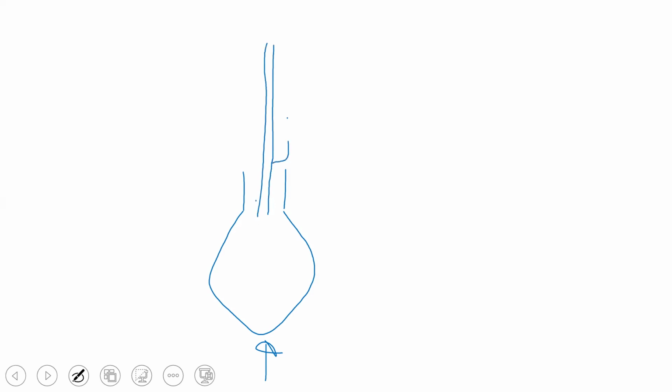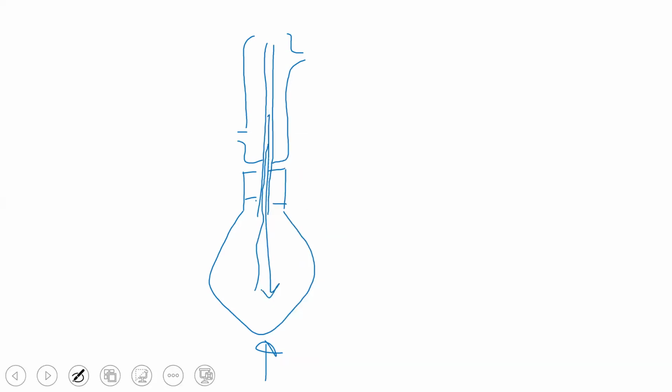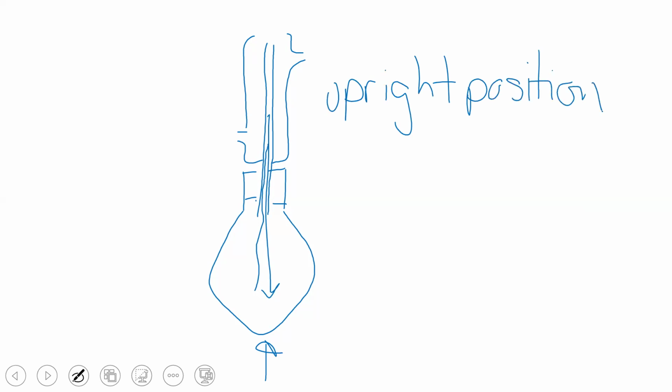But the condenser is going to be attached in an upright position. So any vapor that escapes is going to condense and fall back into my flask. Connecting the condenser like this in an upright position means that I'm heating in a reflux.